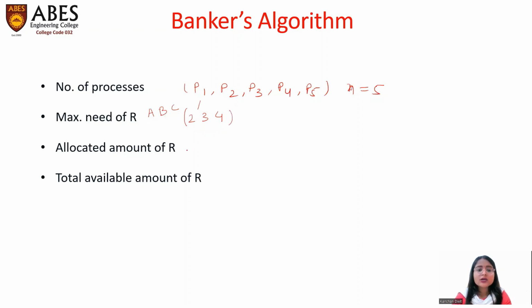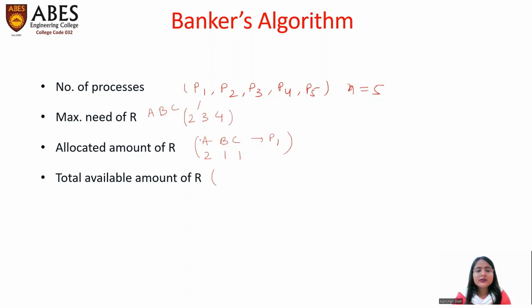Now allocated. Suppose A is completely allocated, that is 2. For B, there is only one resource that is allocated to P1. So for P1, the allocated amount of resources for A, B and C is 2, 1, 1.